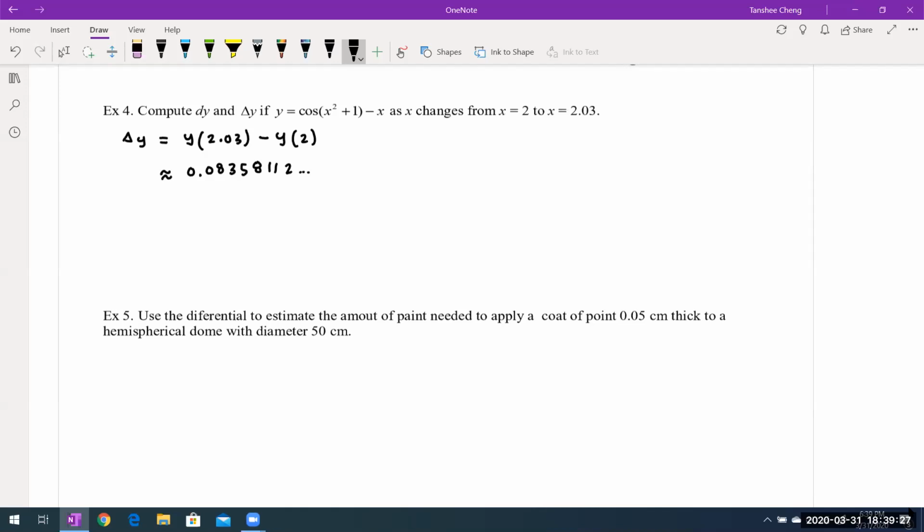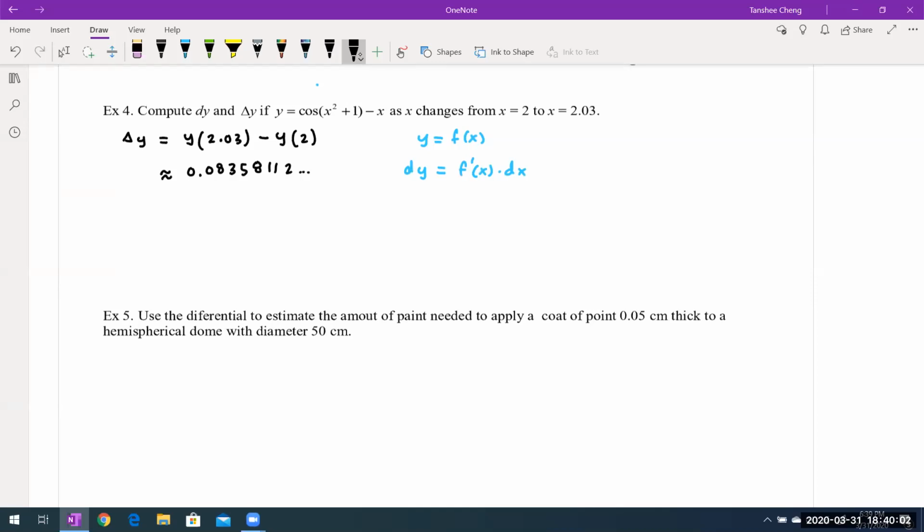Now, what we want to do is look at the differentials. To talk about the differential of these functions, I need to look at y as a function of x. So therefore, my differential of y will be f prime of x times dx. From here, what we need to find out is what dx is going to be.